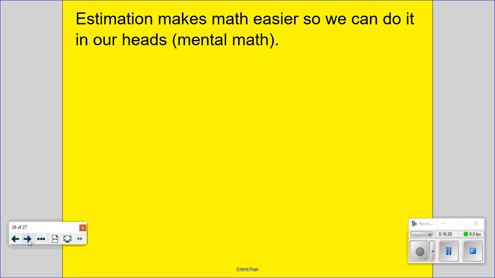Estimation makes math easier so we can do it in our head. That's what estimation is good for. I will put it on 2 pages so that people can write this sentence down.